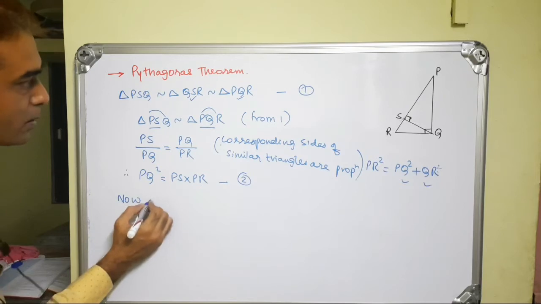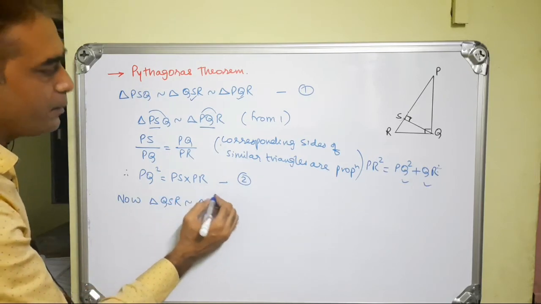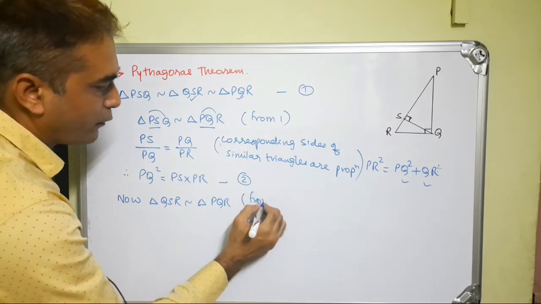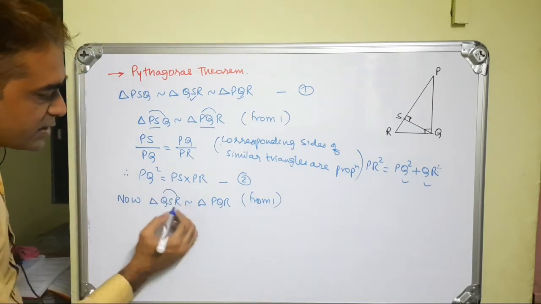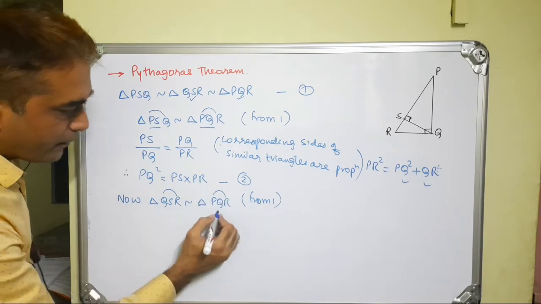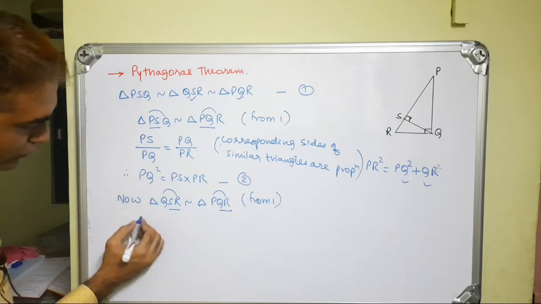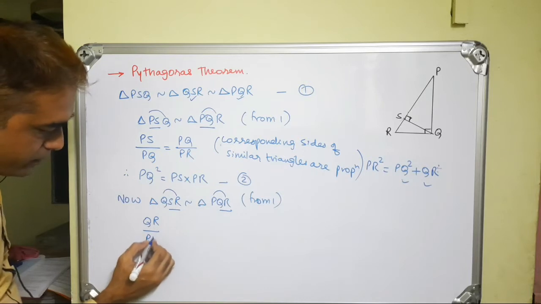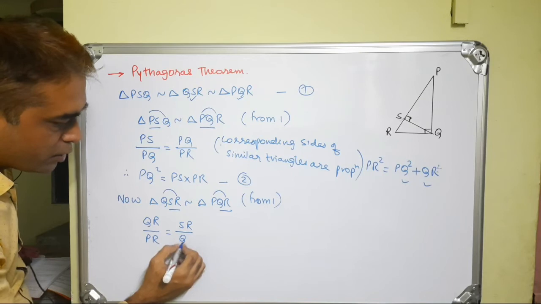Now triangle QSR is similar to triangle PQR. This is again from 1. We need QR. So this is QR and its corresponding side is PR, and this is segment QR and its corresponding side is SR. So first we will take QR upon PR equals SR upon QR.